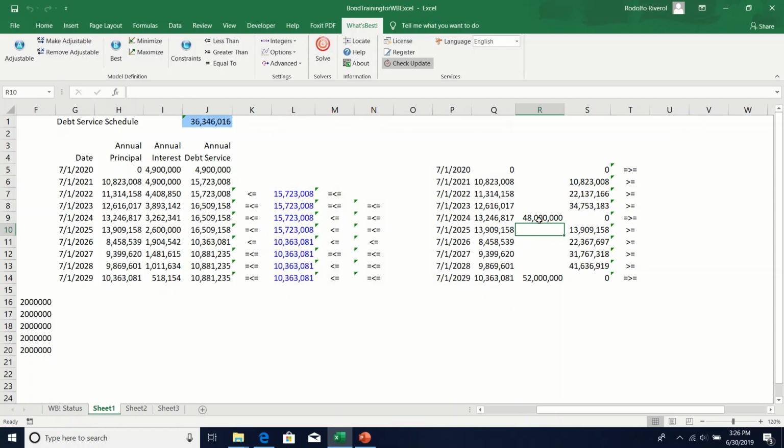No, it's not 48. It's $38 million. Sorry about that.